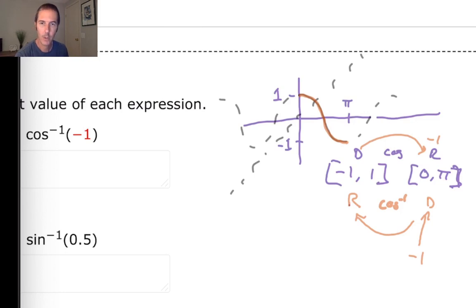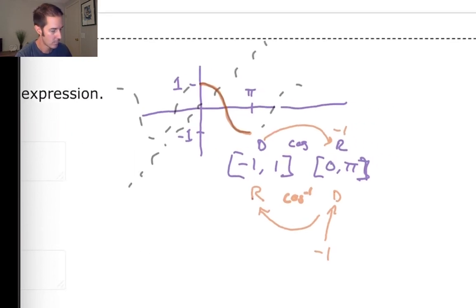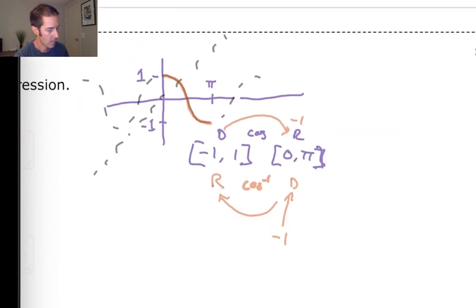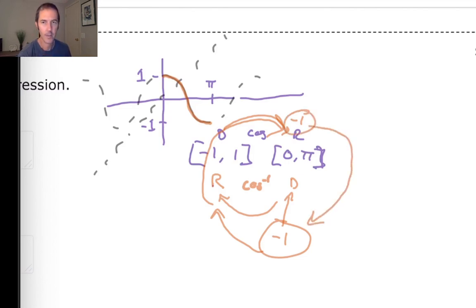So we're literally going full circle. Negative 1 for inverse cosine is mapping over to the range, which is the domain, which is going to map back over here to the range, which is that same value of negative 1, which would take us down to here, and then it almost looks like a circle.